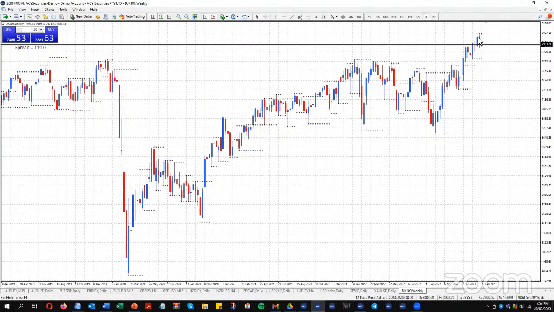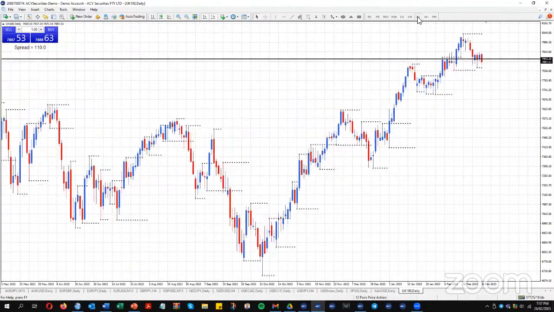I mean, it's still in a weekly uptrend. All it has to do this week is close above that level, and it doesn't look very good. But if we do trade down, yes, we could get a very good reversal from that level.